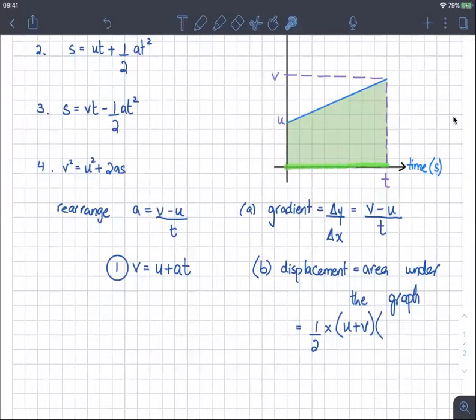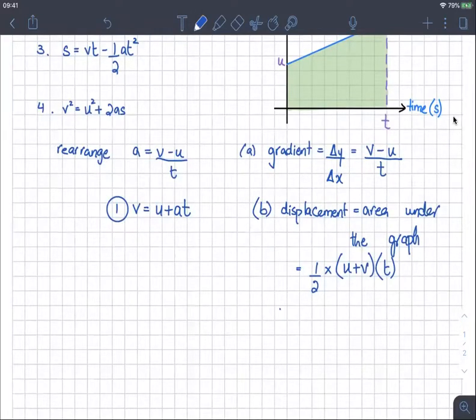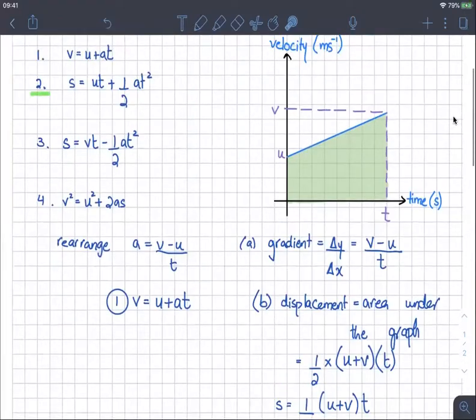So this is the distance between the two parallel sides, and that's equal to t. So this is what we get. That means your displacement s is given by 1 over 2 times u plus v into t. So we're going to be making use of this equation right here to derive equation number 2.